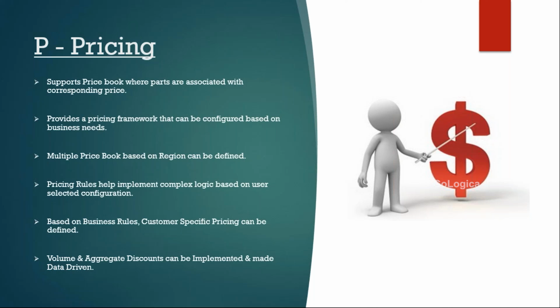For example, Shrikant is a customer for a business process, and Ravi or someone else is a different customer for that business. So the price for the product depends upon the customer. Shrikant may have the highest price, while Ravi or some other customer will have a lower price. So it depends mostly on customer-specific pricing as well.